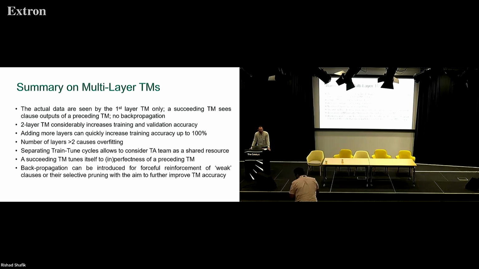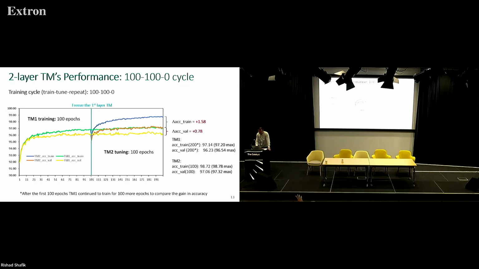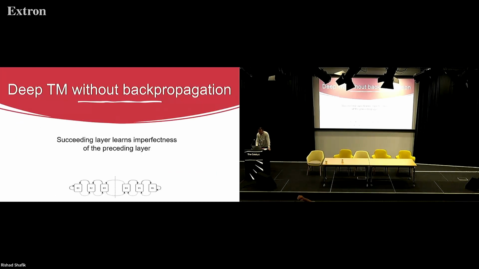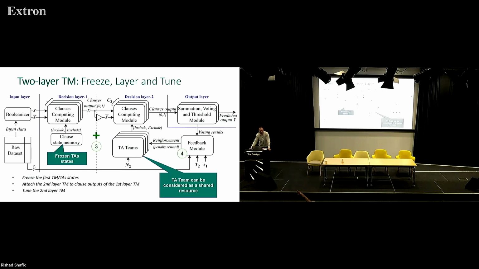Hi. Just to confirm, let's say you have 1568 literals as input in the first layer. In the second layer, let's say you have 100 clauses per class, so overall 1,000 clauses, or maybe 200 clauses per class, or 2,000. So the 2,000 bits are the input to the next.